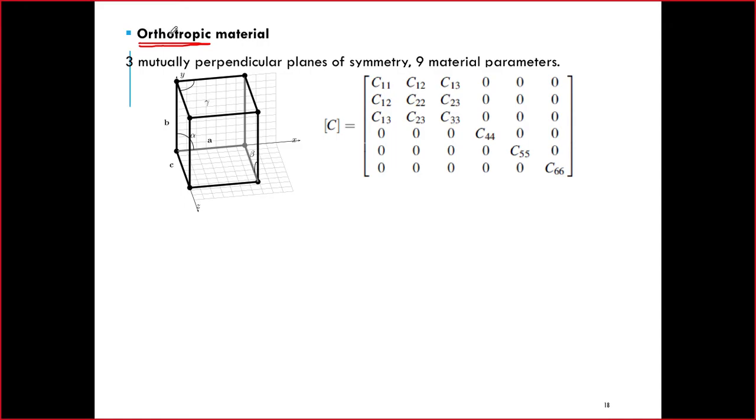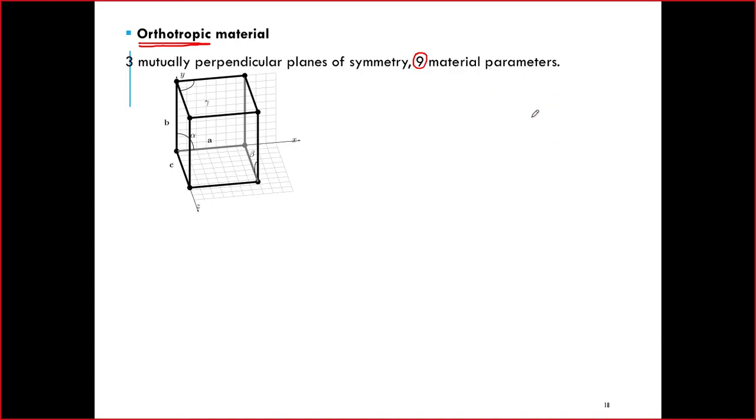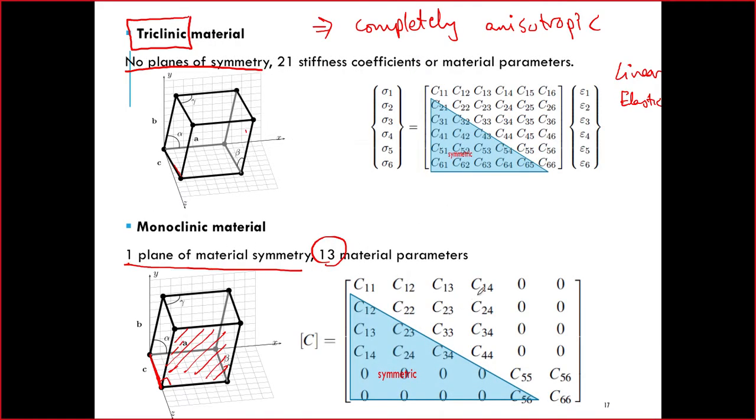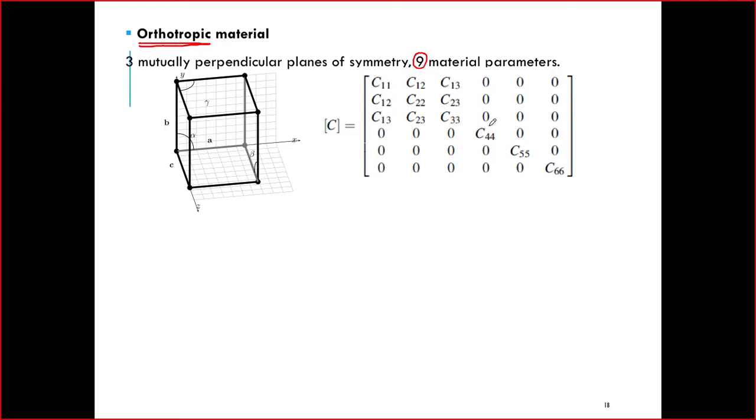So in this case, in perpendicular directions it behaves in a similar way, so to speak. That's why we end up getting these 9 material parameters. And compared to the monoclinic material, what has happened is that these three and this one as well have disappeared. So these ones disappear and we just have these shear components right here.